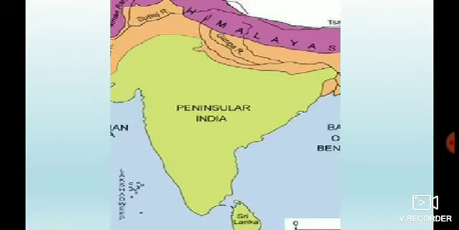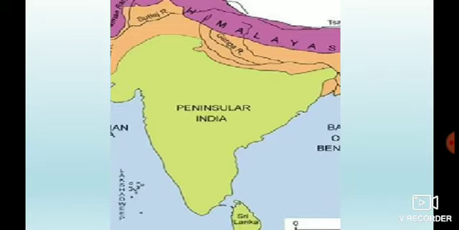So because of this Peninsular Plateau, we call our country Peninsular India. So what does this mean? India is the only country in the whole world where it is surrounded by water on 3 sides. To the south we have Indian Ocean.